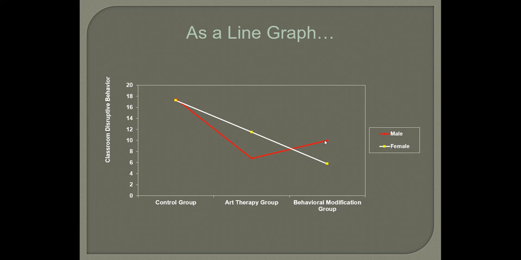As one of the options in SPSS, it will give you these sorts of bar graphs, so you can see that in the control group, there seems to be no difference between males and females. In the art therapy group, females score higher, and then there is a crossover between the lines, where the males score higher in the behavior modification group than the females.